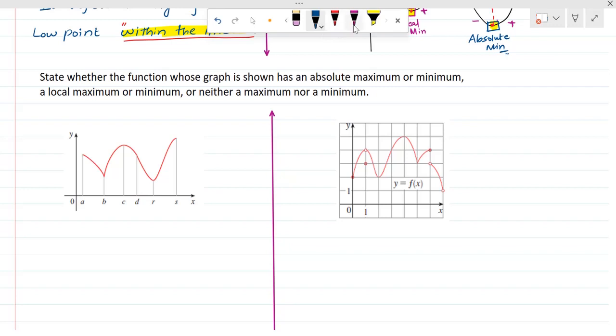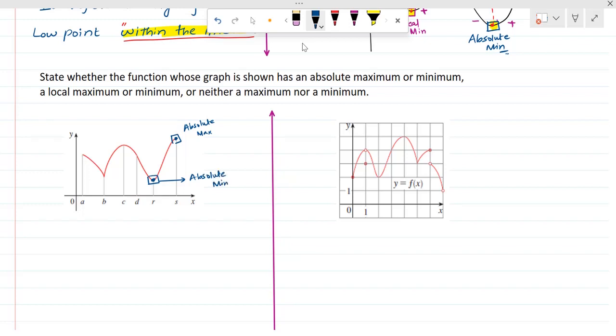The first thing I have to see is the total graph. Throughout the graph, the minimum point is this part and the maximum point is this one. So I write here, absolute max. And here this point is absolute minimum.